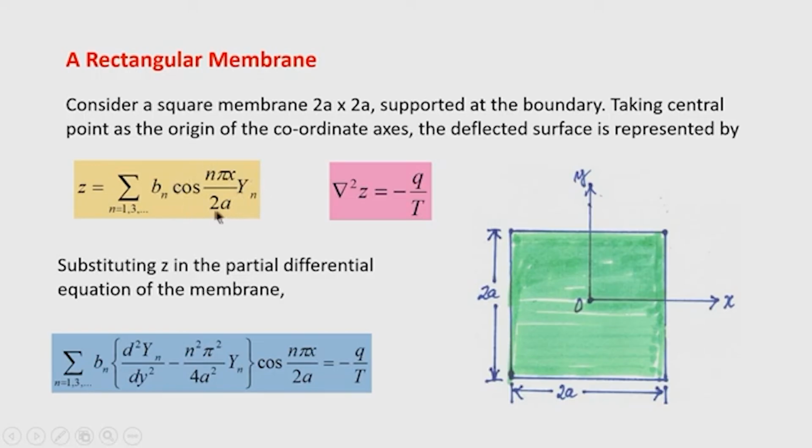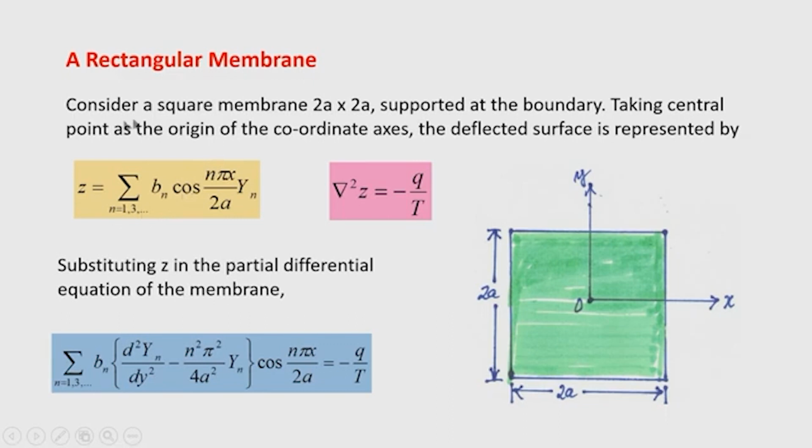Now, this function cos n pi x by 2a is seen to satisfy the boundary condition at x is equal to a, because it is a square membrane. If I take x is equal to a or x is equal to minus a, that is at the boundary, then we can see that this equation is satisfied for all odd values of n. So, 1, 3, 5 etcetera up to infinity.